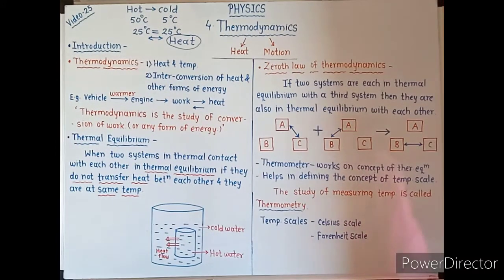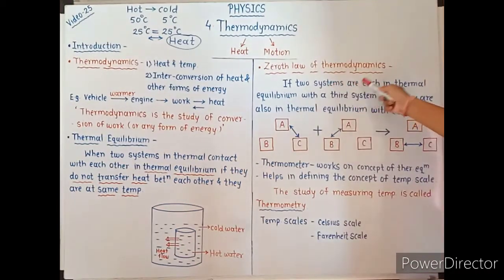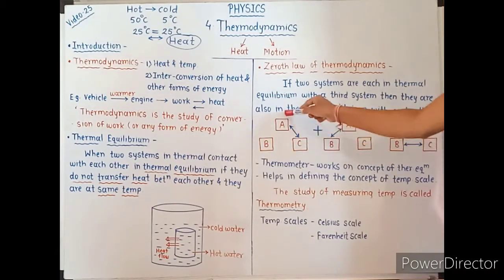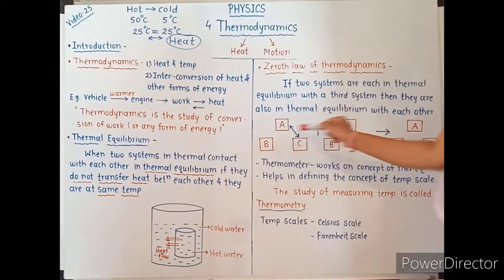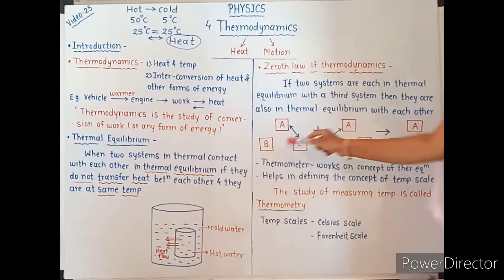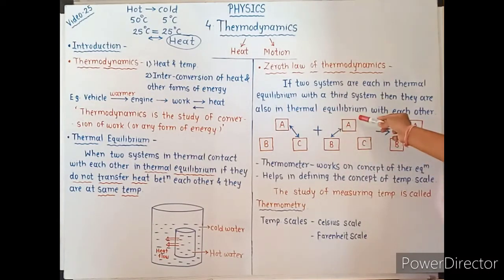The statement of the zeroth law of thermodynamics is: if two systems are each in thermal equilibrium with a third system, then they are also in thermal equilibrium with each other. Consider A, B and C as three systems. System A and system C are in thermal equilibrium, and system A and system B are in thermal equilibrium.